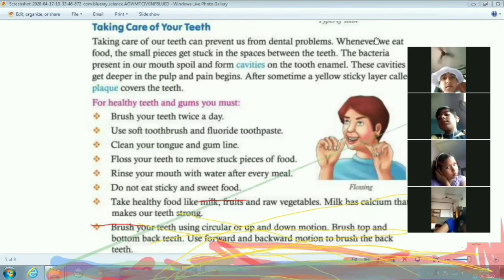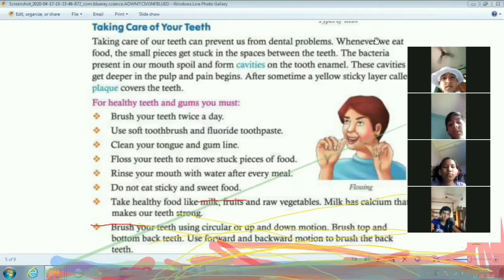Due to the activity of bacteria present in our mouth, the minerals present in the enamel are lost. And due to this lack of minerals, the enamel breaks down and the inner portion of our tooth becomes exposed. This is why cavities are formed, and this is why we feel pain whenever we eat something.